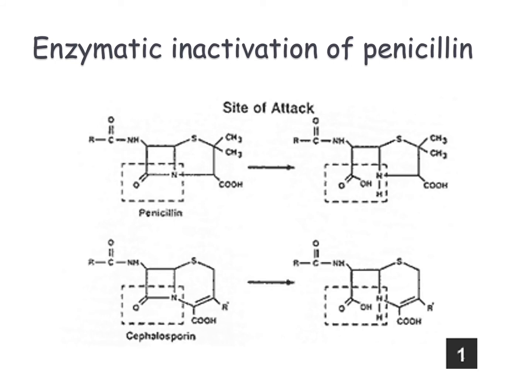So one of the major forms of resistance to penicillin is the enzymatic inactivation of the drug, and this shows how that works. And you can see penicillin up here on the left, and it breaks the four-membered ring here, which inactivates the antibiotic.